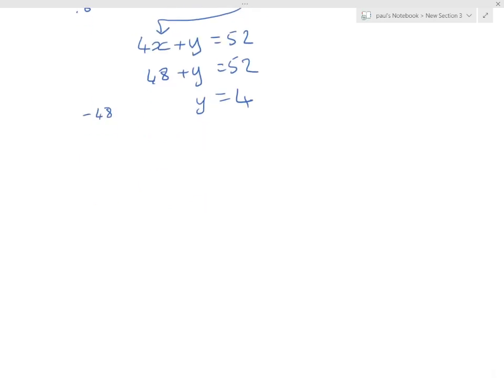Right, last one for these is minus 4x plus 7y equals minus 7, and 5x minus y equals 32.